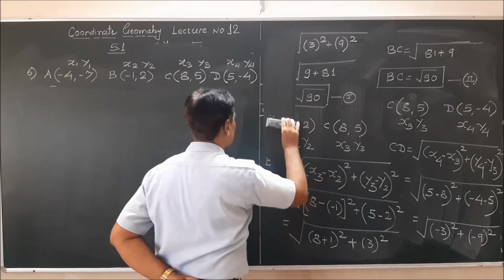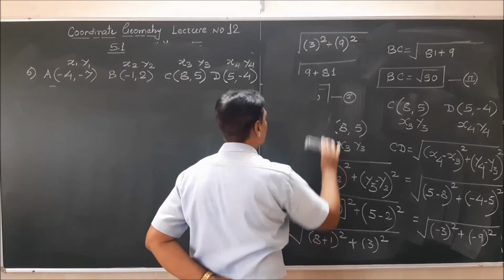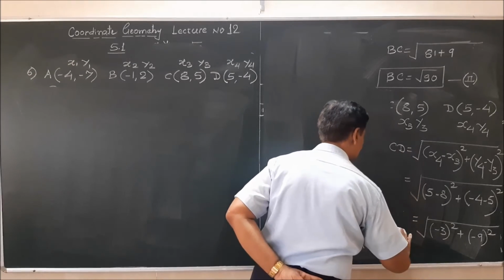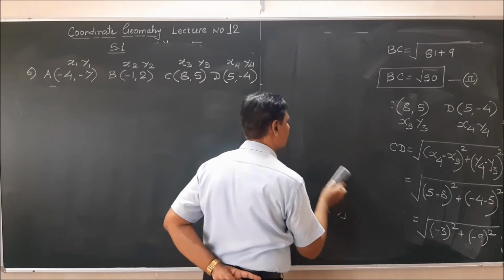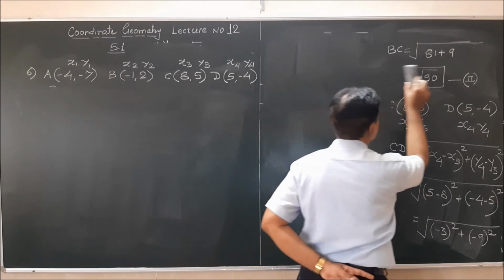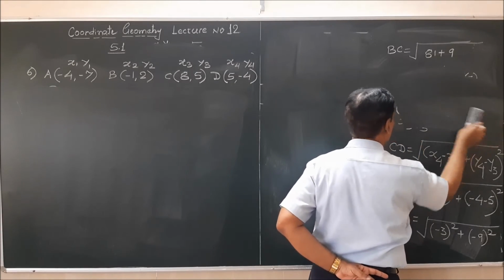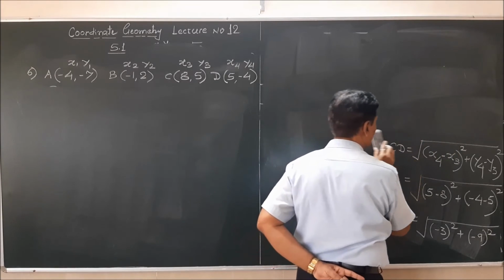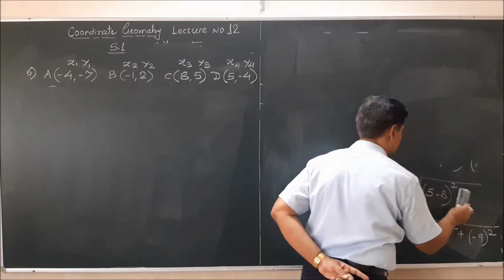Minus 3 square is plus 9, while minus 9 square is of course plus 81. So 81 plus 9 is equal to root 90.